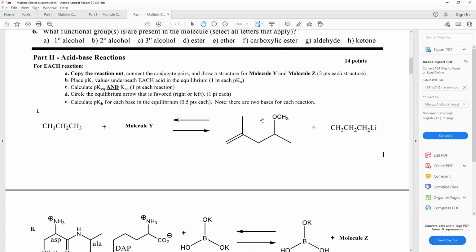You gotta pick the lowest pKa that's available here. You got a 45, you got a bunch of 50s, and you got nothing because ether doesn't have a proton on the O. So you're gonna use the 45 off the alkene. So on these kind of problems, you use the lowest pKa. On all kinds of problems, use the lowest pKa. There's always more than one pKa to choose from, and you always use the lowest.